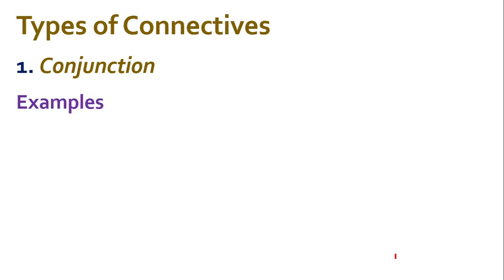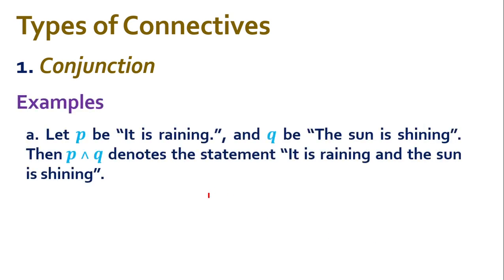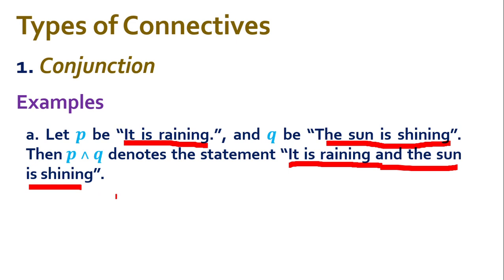So, we have example. So, let p be it is raining. And q will be the sun is shining. So, then, p and q denotes that ito yung statement na nabuo natin. It is raining and the sun is shining. Di ba? Kasi this represents p.